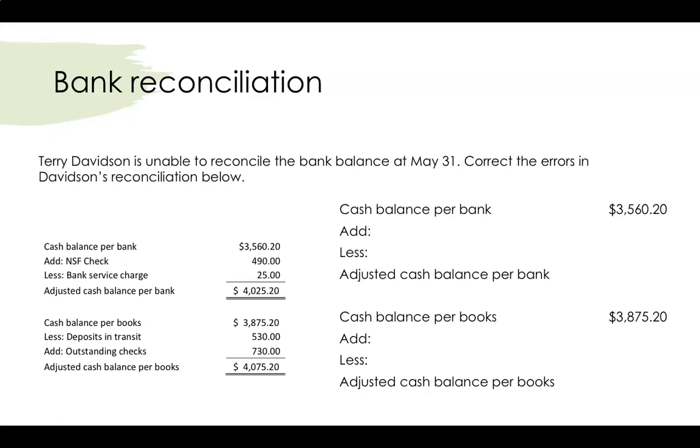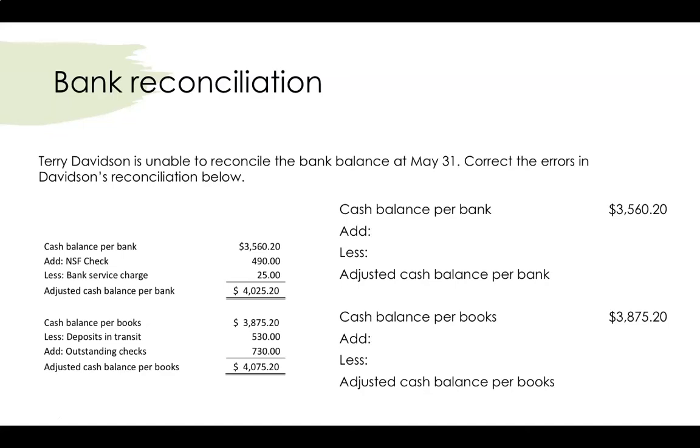So what wouldn't the bank know about here? Well, the bank is going to know about an NSF check. An NSF check is a bounced check, right? Not sufficient funds. That's when a customer of yours writes you a check. You thought that everything was perfectly fine, that they had the money for it. It ended up that they didn't.